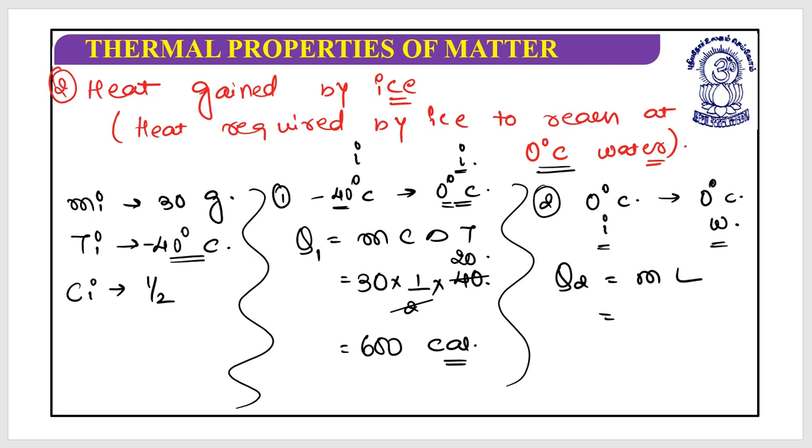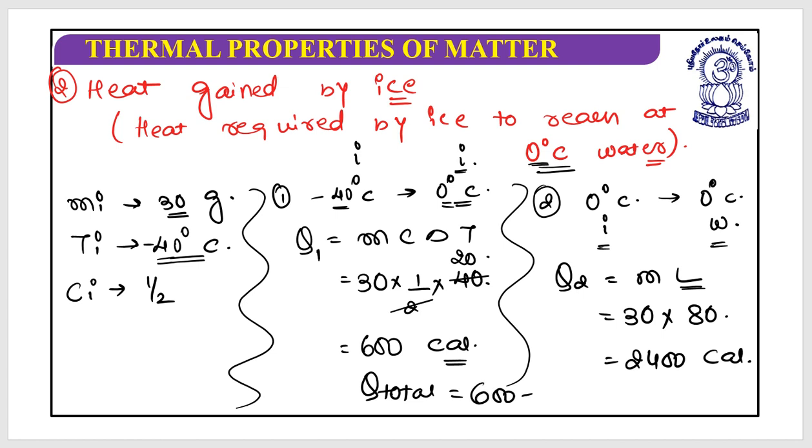Mass is 30, L is 80 calorie per gram. This is 2400 calorie. So the total requirement by the 30 gram ice cubes from minus 40 degrees Celsius to reach 0 degree Celsius water would be 600 plus 2400, which equals 3000 calorie.